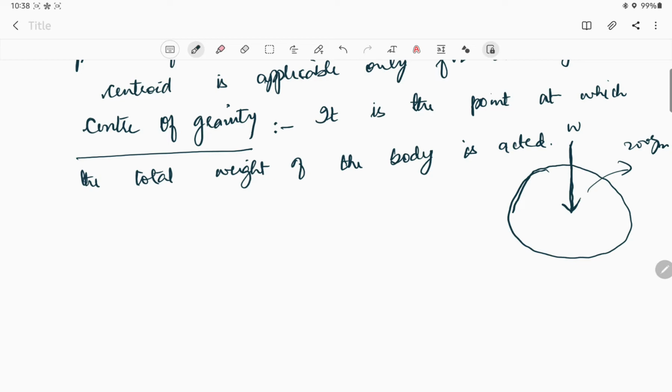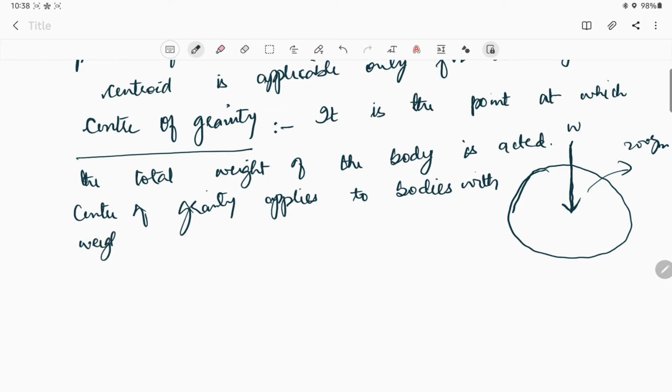Center of gravity applies to bodies with weight and mass.